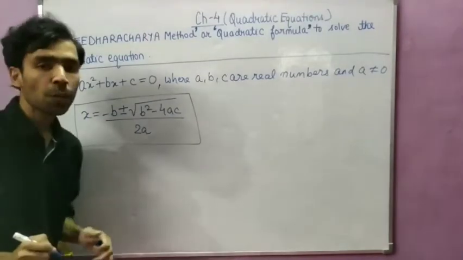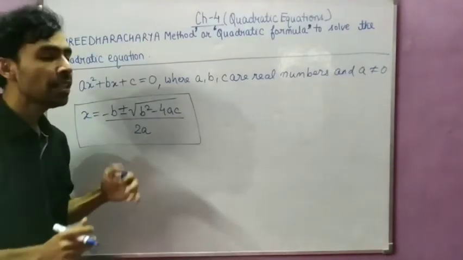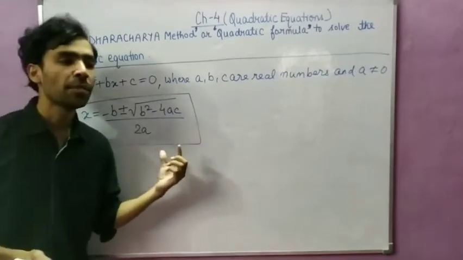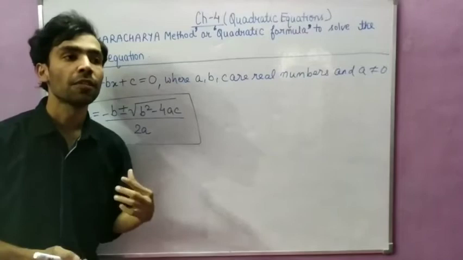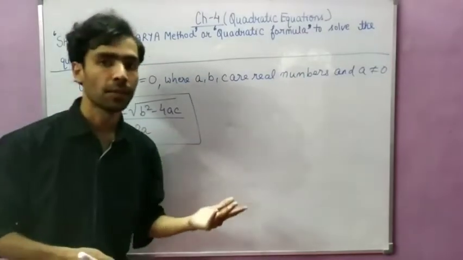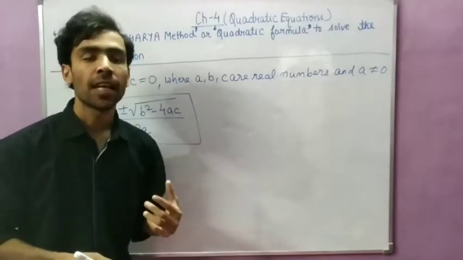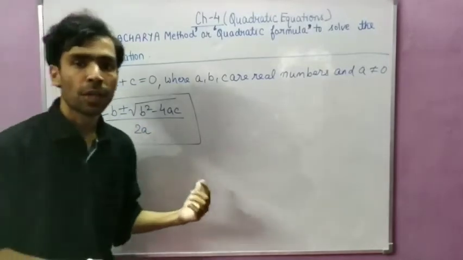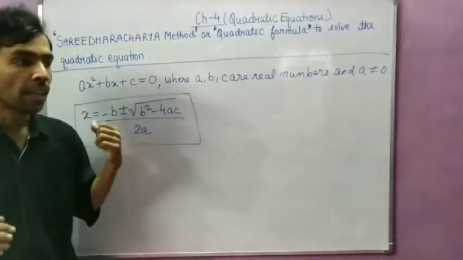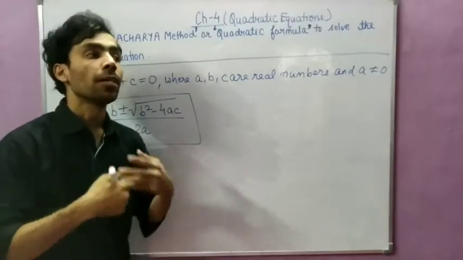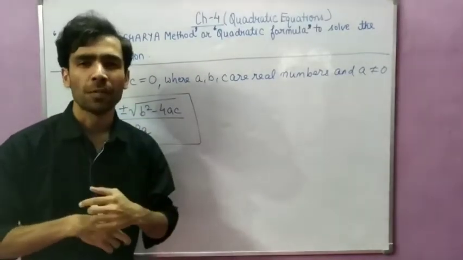Generally this formula is basically used for real values. Real values means which we can represent on the number line. The first question is where we can apply this formula. You can apply it in any quadratic equation, but it will give an answer only when the roots are real, equal or distinct.